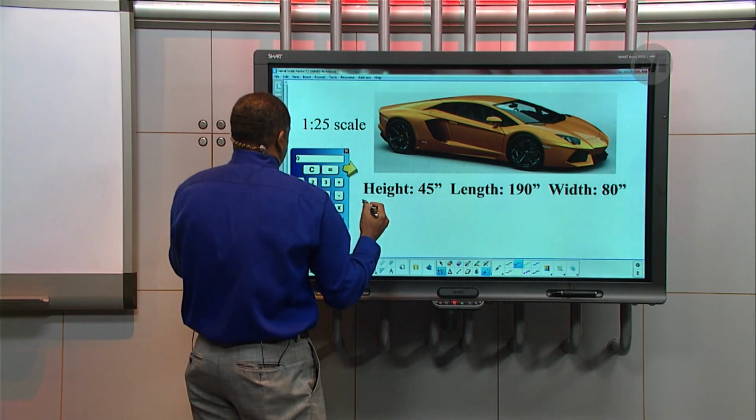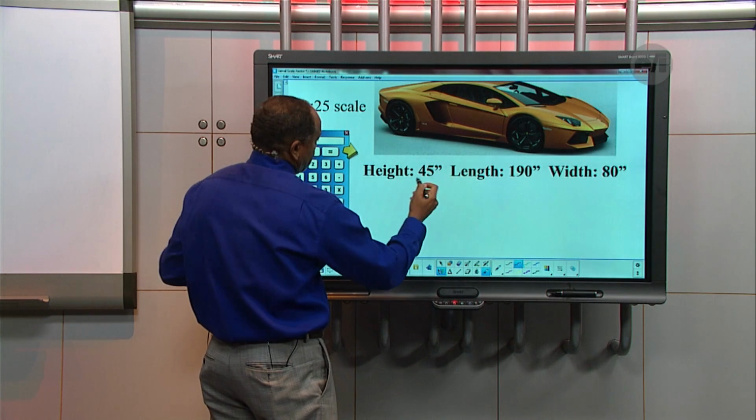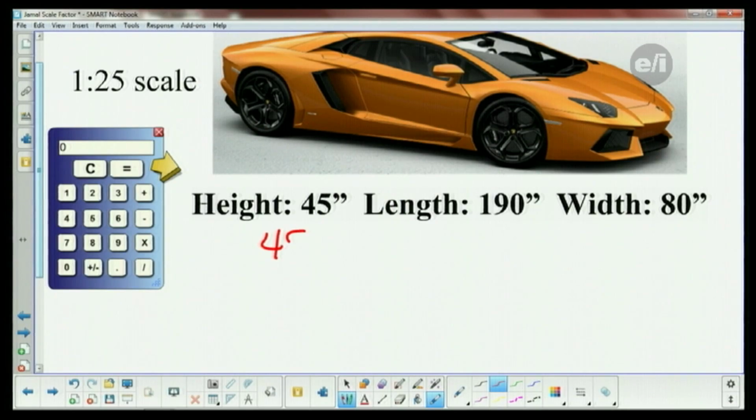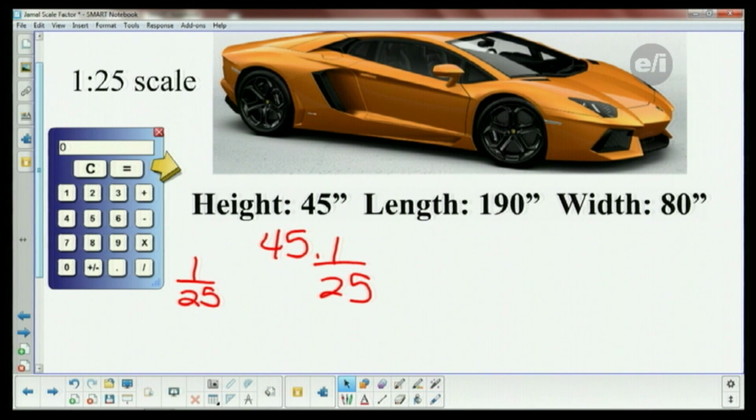If I wanted to know the height of the Lamborghini that I got, I'm going to take that 45 and write the scale factor as a fraction, 1 over 25. These are in inches. Let's do this one first. What would the height of this thing be? 4.5 is approximately 45 inches. That's what this symbol means. It means it's almost 4 feet tall.